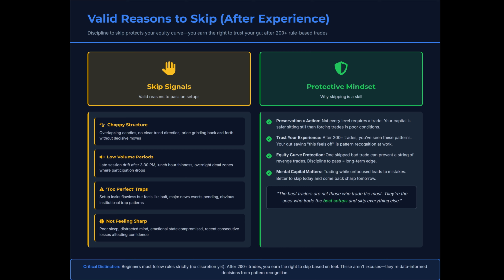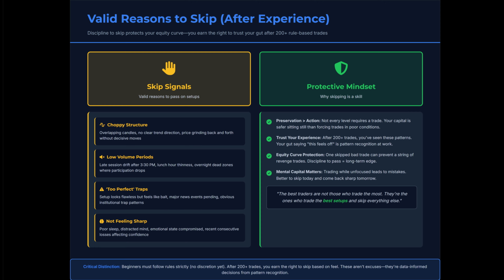Your volume profile shows this too. The POC keeps jumping around every 30 minutes. It forms at 45.25, then migrates to 45.28, then back to 45.23. The value area expands and contracts rapidly without establishing clear boundaries. There's no structure to trade against. Why skip this?